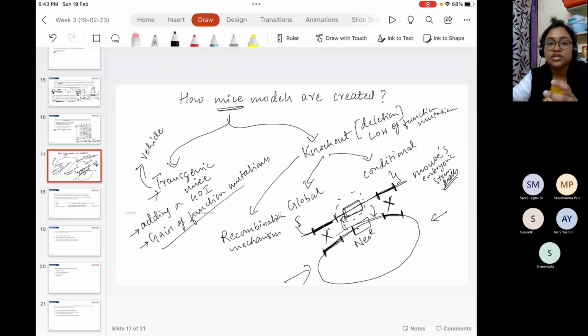Similarly, the recombination can happen randomly if these two sequences are similar to any of the sequences. Now, in order to avoid that kind of scenario, you can add a toxin gene. Now, this toxin gene is not getting added.